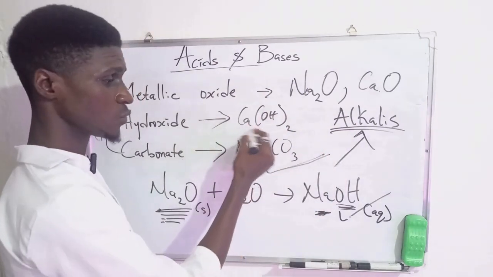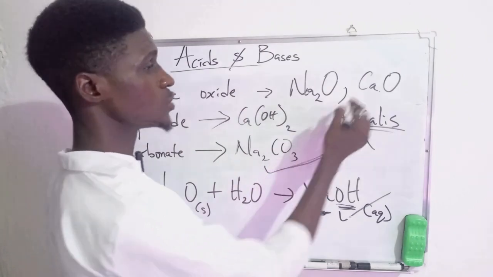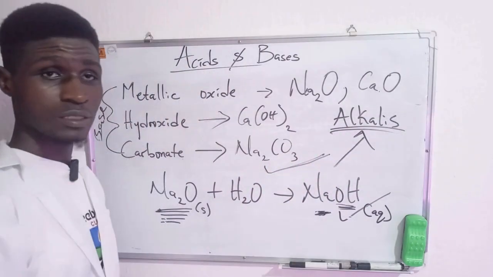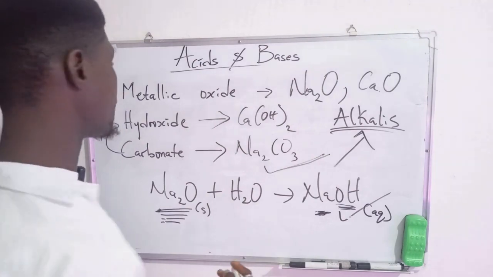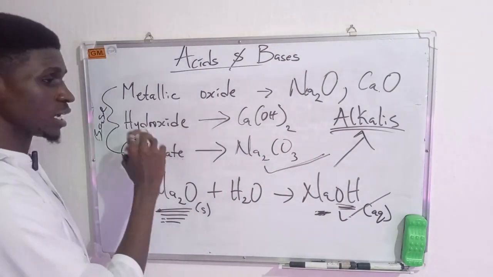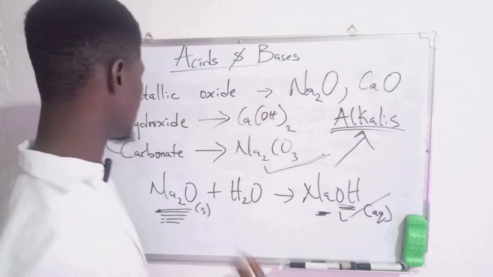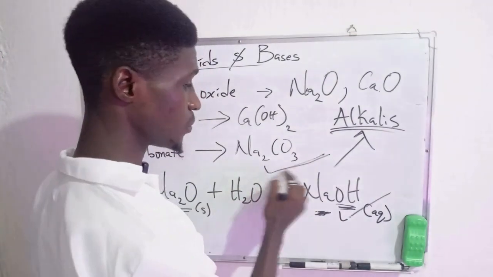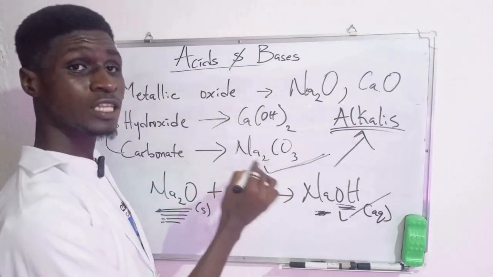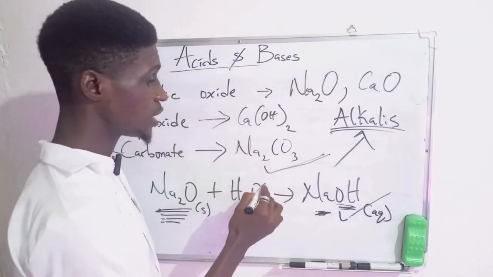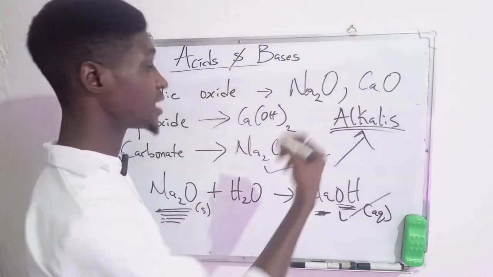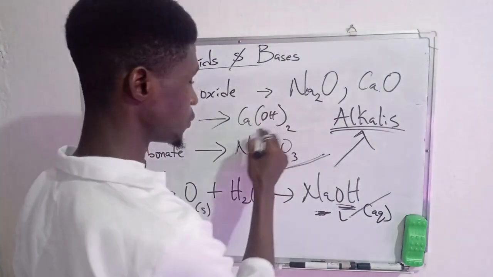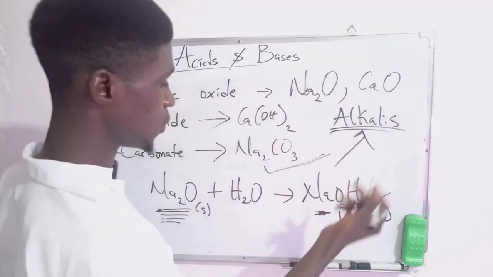Some of it will dissolve to form calcium hydroxide. So this substance is still a base. The next one is hydroxide, the ones that you already know as base. Then carbonates. Many people may not put this in as a category under base, but when it dissolves in water, it could still form hydroxide, making it what? Basic.